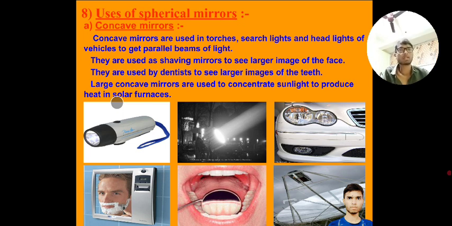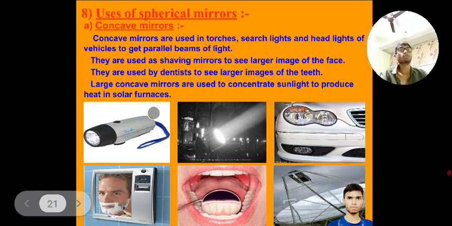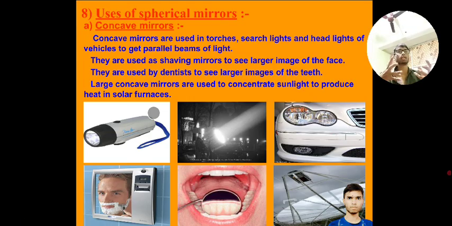We will realize that a convex mirror can cover a lot of area. Large concave mirrors are used to concentrate sunlight to produce heat in solar furnaces. Remember, if you have a large concave mirror, you can use sunlight to burn anything or to convert sunlight into electricity.